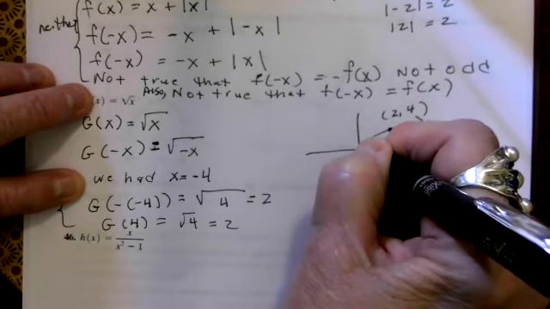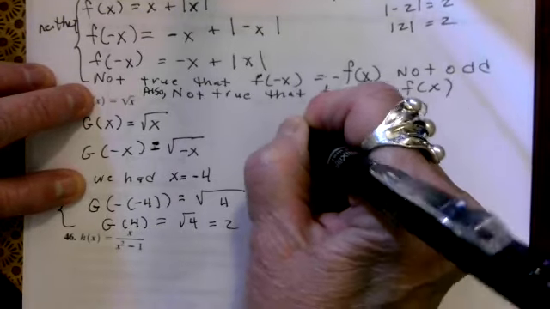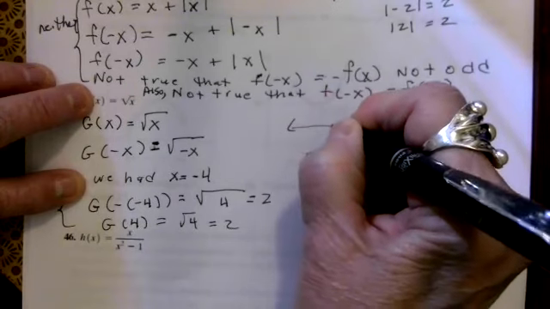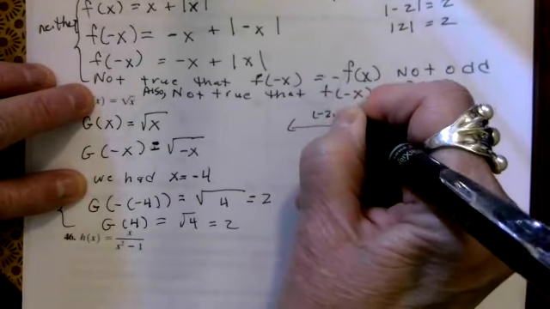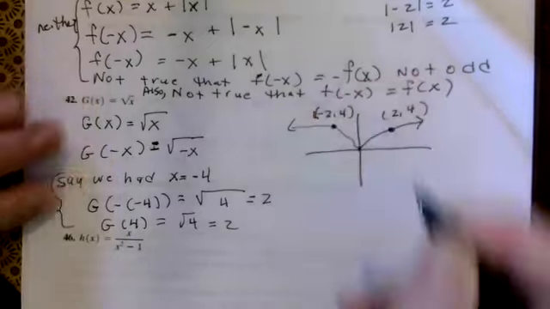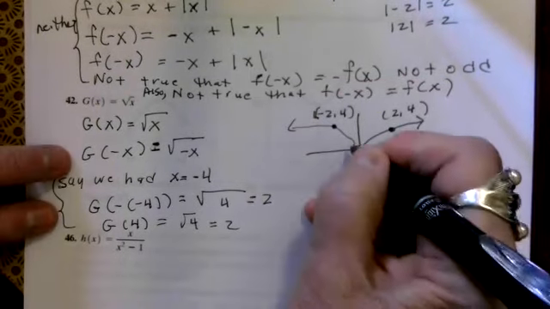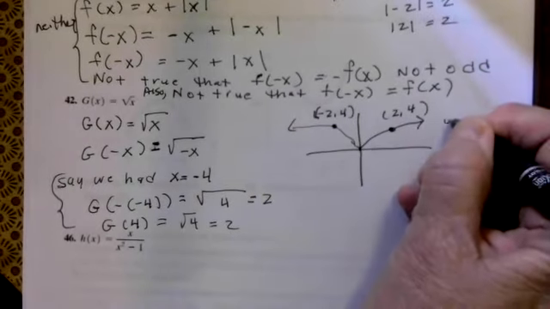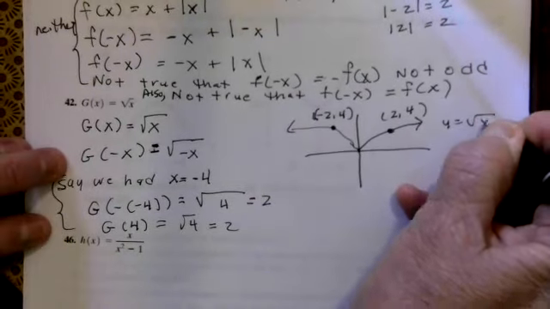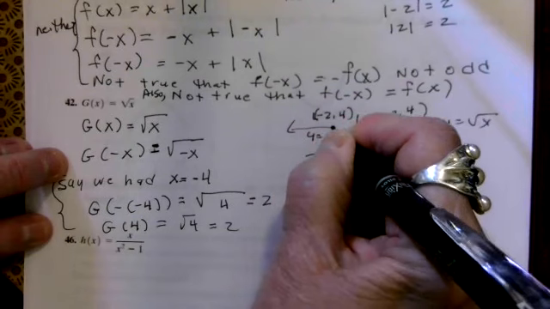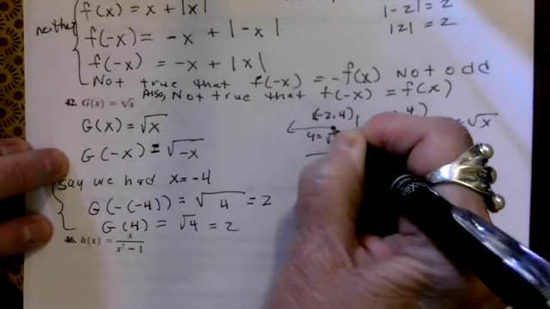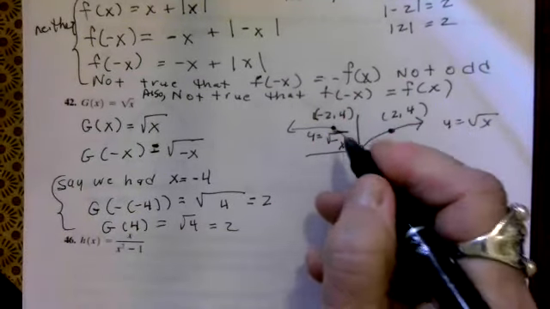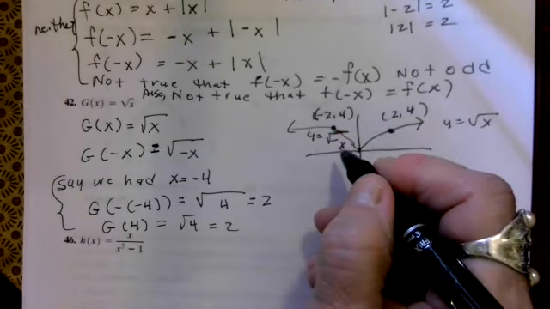And then on the other side, it has the point (-4, 2). And this is y equals the square root of x, and this is y equals the square root of -x. So see that the domain changes if we put in negative numbers.